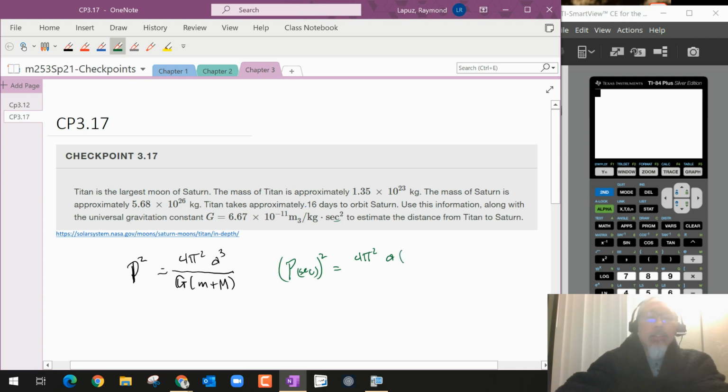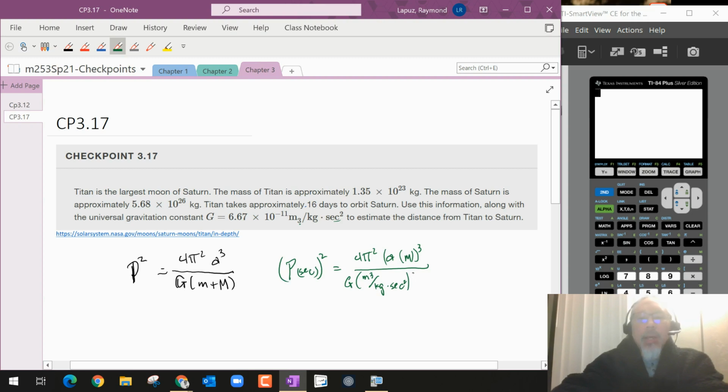It looks like the gravitational constant is with respect to meters, so this is meters cubed, and we have the gravitational constant, which is in meters cubed per kilogram times second squared. So the second squared again cancels with that.